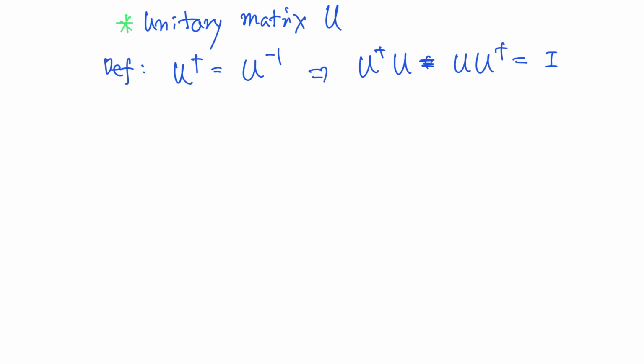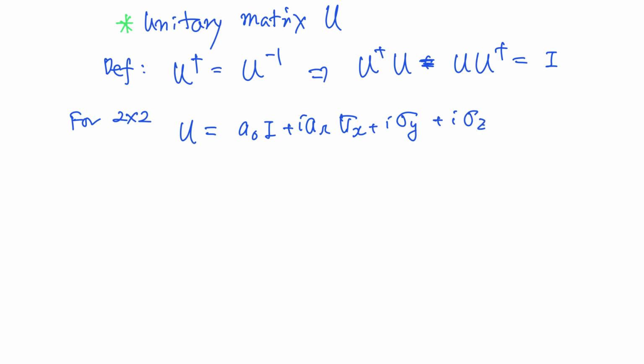For a 2 by 2 matrix, the most general representation of a unitary is the following. U is A0 times identity, plus i A_x sigma x, plus i A_y sigma y, plus i A_z sigma z.